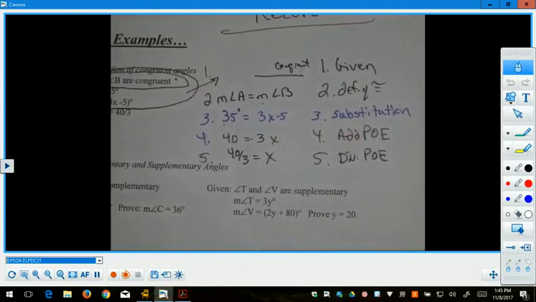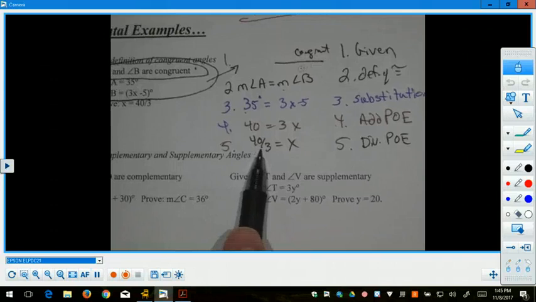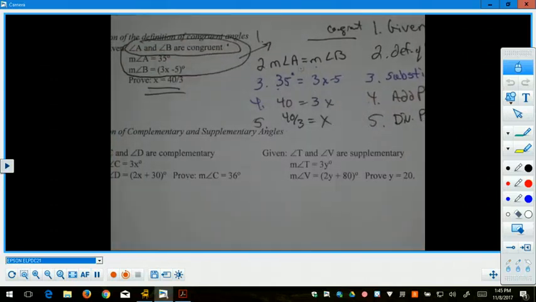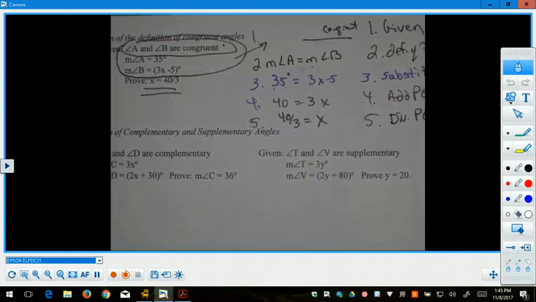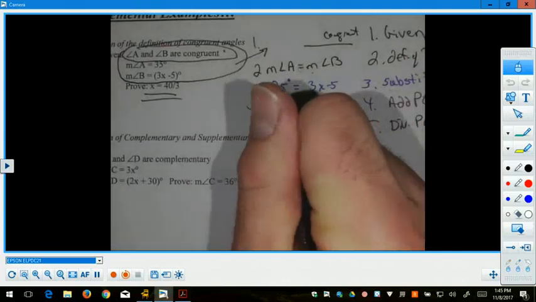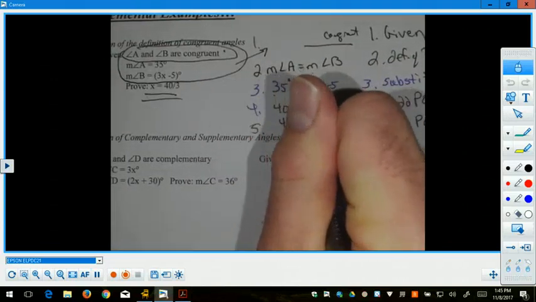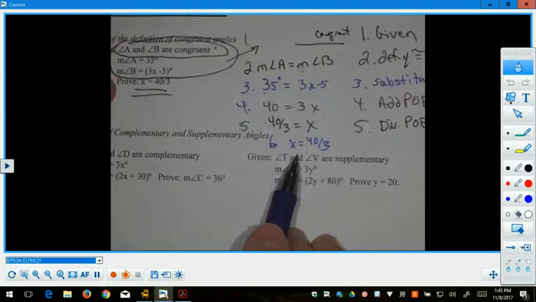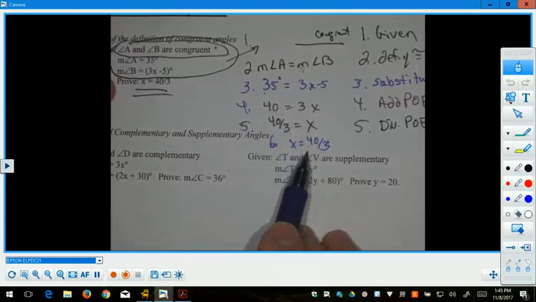But there is one more line because I wasn't supposed to prove that 40 thirds equals x. I was supposed to prove that x equals 40 thirds. I can say that right now for my 6th line, x equals 40 thirds. All I'm doing is switching the order of what's on each side of the equal sign.